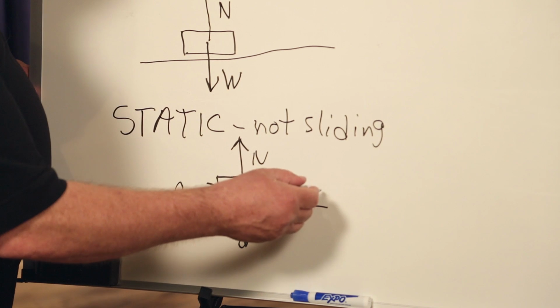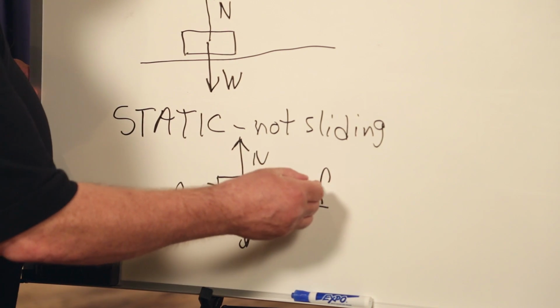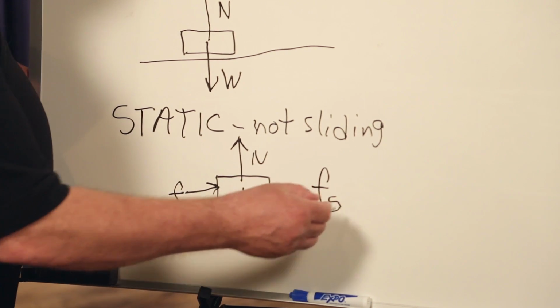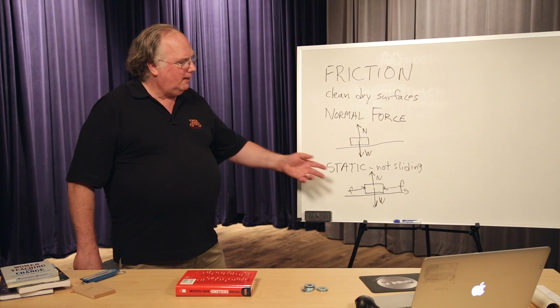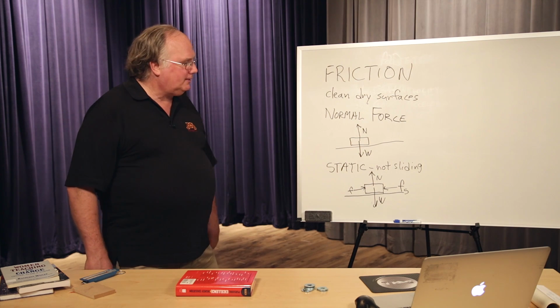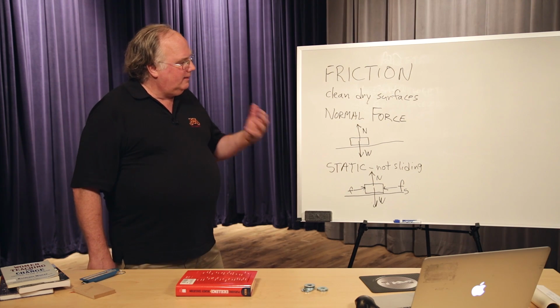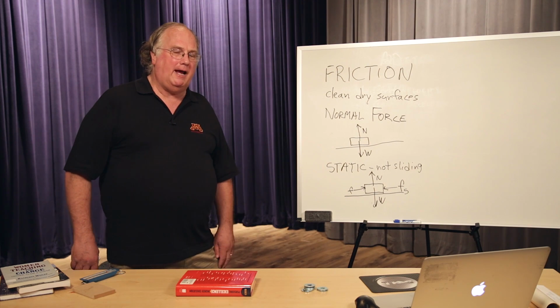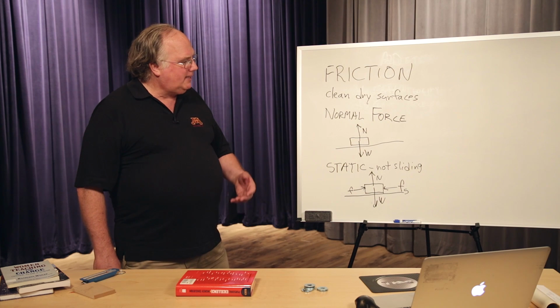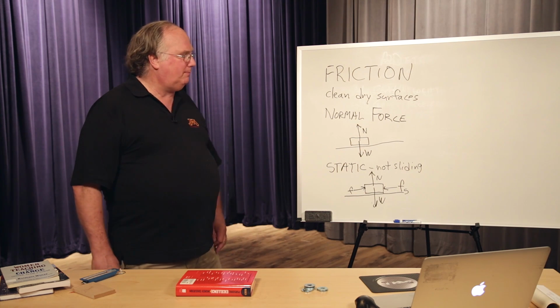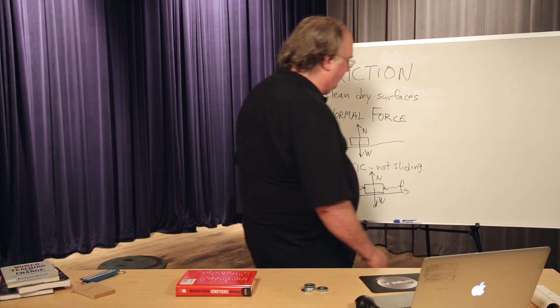And it doesn't because there's another force. This is the force of static friction. I'll put a little S on that one. And the force of static friction is a force that comes from these two surfaces touching each other. It is in whatever direction it has to be to stop slipping, and it's however big it has to be to keep that slipping from occurring.